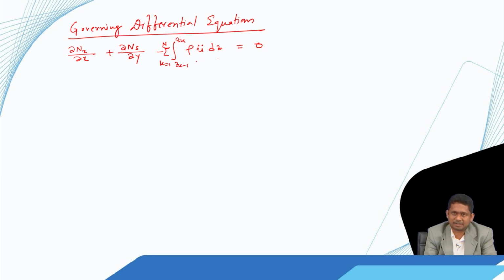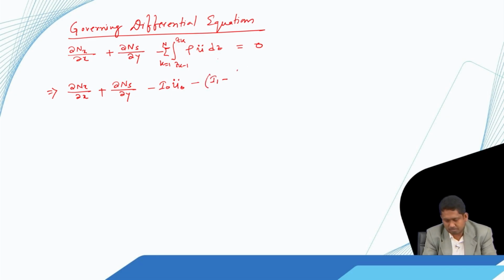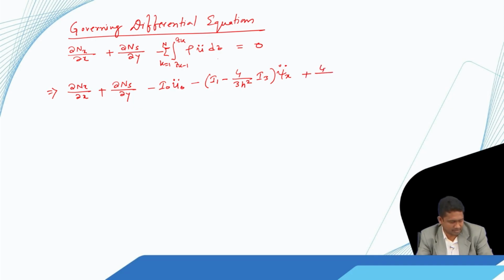Now, in U we have to put the definition as per our kinematic considerations, and then that would give us the equation in terms of those components which are in the kinematic consideration, and finally that becomes I0 into U0 double dot minus I1 minus 4 by 3h square into I3 multiplied by psi x double dot, and then we have plus 4 by 3h square I3 into del w double dot by del x.